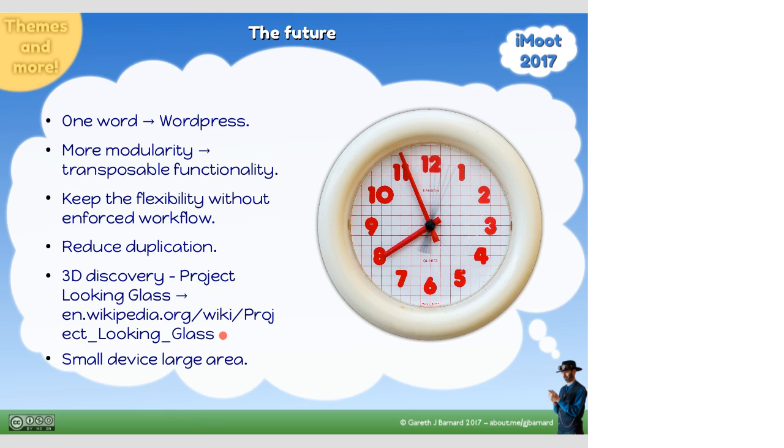It would hide things away to the corners that you don't need and only bring to the foreground what you were concentrating on. Just like in real life, you move around rooms, you move around outside, and you only have in front of you what you need at that time. So, more 3D element. I think that e-learning and Moodle and everything could go down that road. Perhaps, not sure, maybe we need better hardware, which comes down to small device, large area.